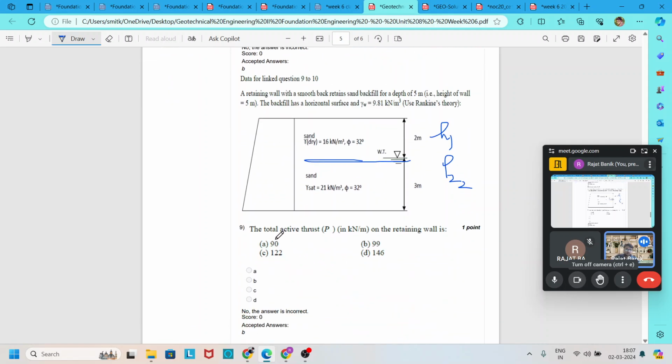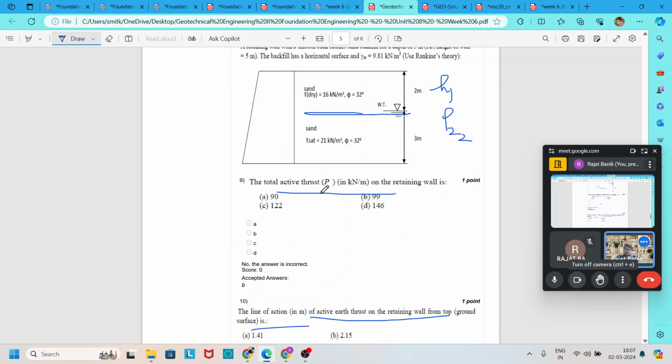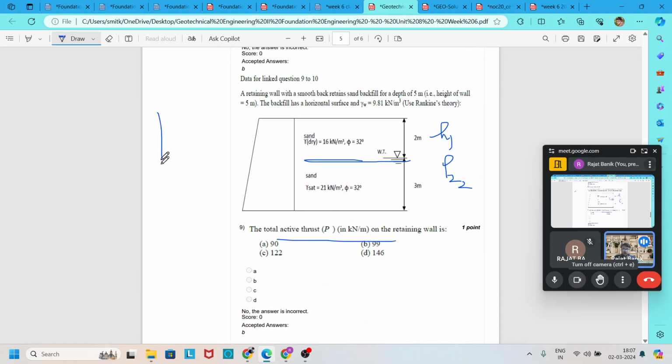So first find out the total active thrust, then find out the point of action from the surface. We first draw the pressure diagram for this case.